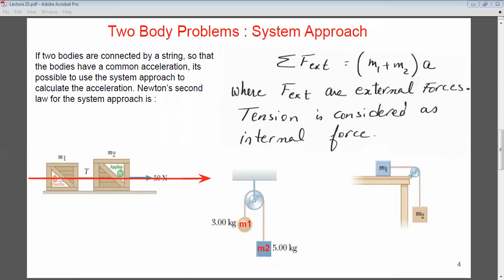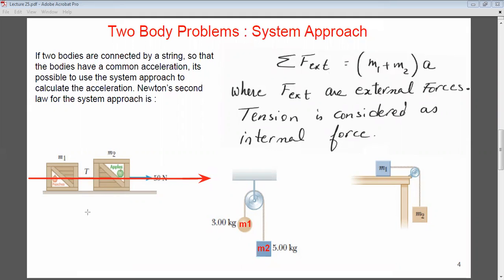And whatever forces are on this line, so summation of F external on this line will be equal to m1 plus m2 times the acceleration. It's the common acceleration. What are the F external? They are all forces except tension. So I take all forces except tension.